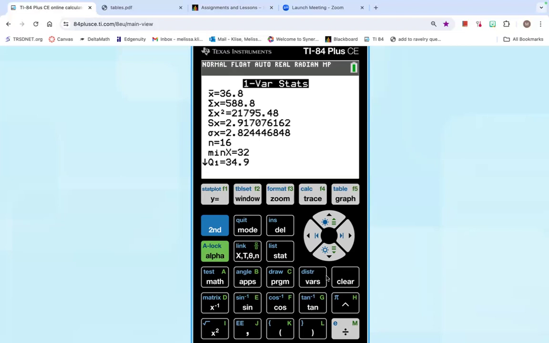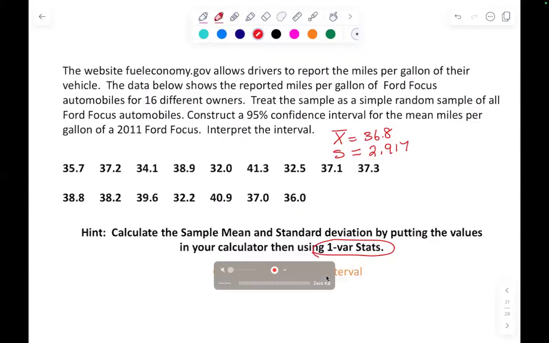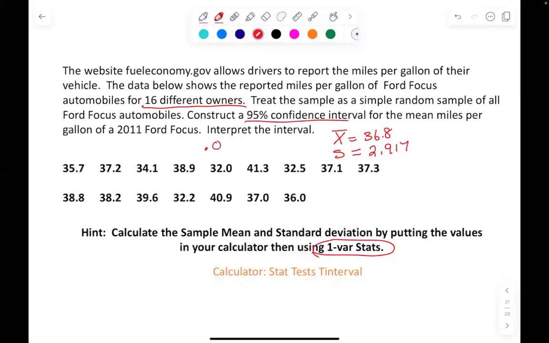So just to help you out, because we haven't done this enough, we're going to find our t value. So we have 16 different owners. And we're looking for a 95% confidence interval. So once again, we're going to look at 0.025. And I'm going to look for 15 degrees of freedom, because remember, it's n minus 1.